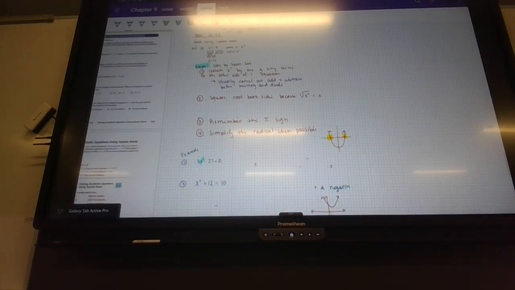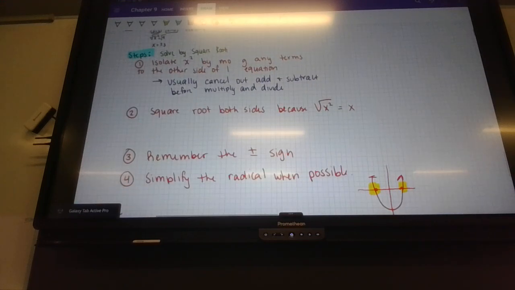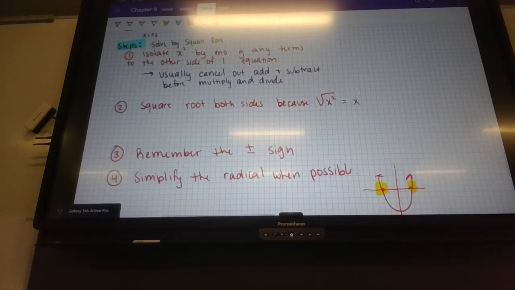All right, we have two more examples, but I want to give you some steps to fall back on. I feel like some of my notes got erased. So this is solve by square rooting. Okay, step one: isolate x squared by moving any terms to the other side of the equation.